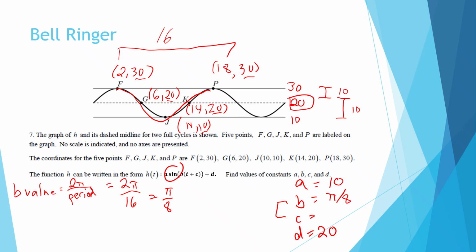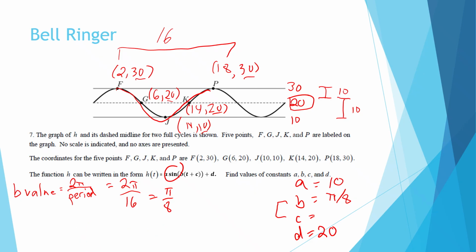So pi over 8. Now our C value, because we chose a positive amplitude, is just going to be our sine starting point, but then the opposite x coordinate. So here, remember, our sine starting point is going to be at the midline going up. That is going to be our sine starting point because that's where we typically would start the parent function for sine.